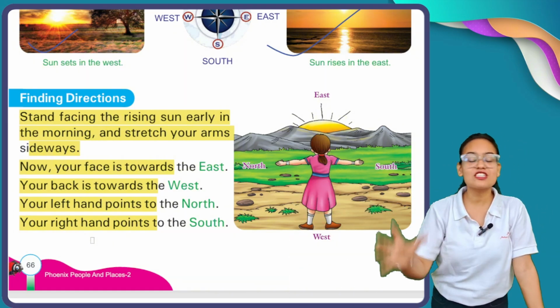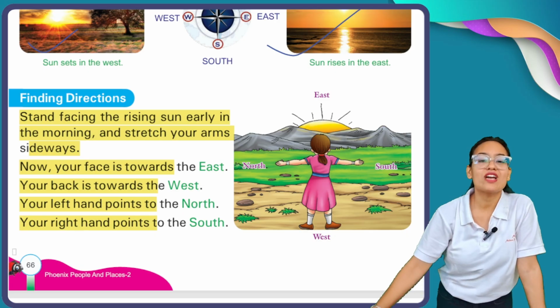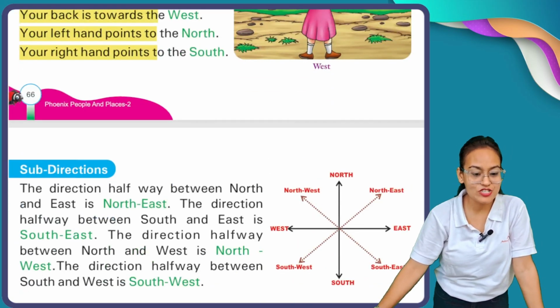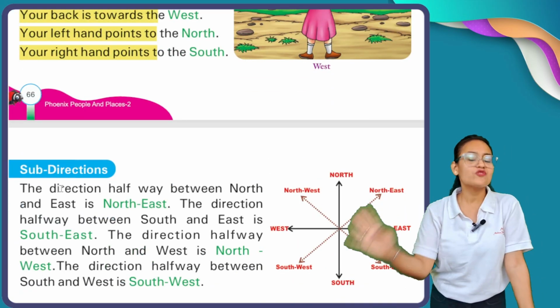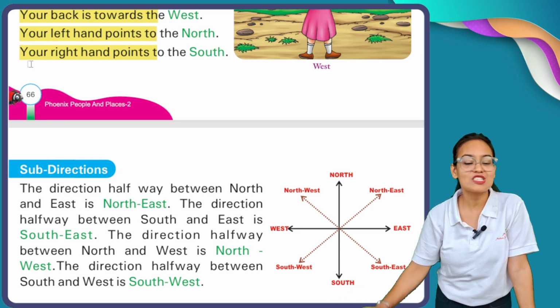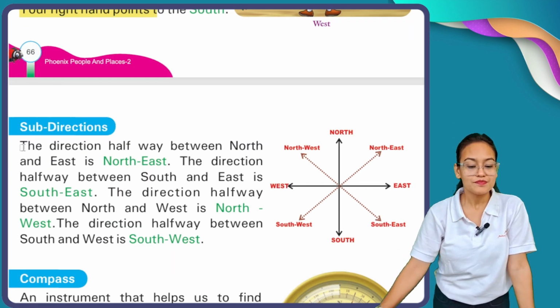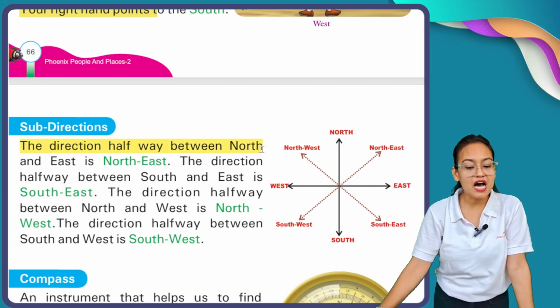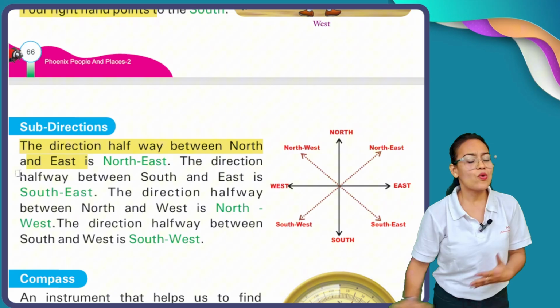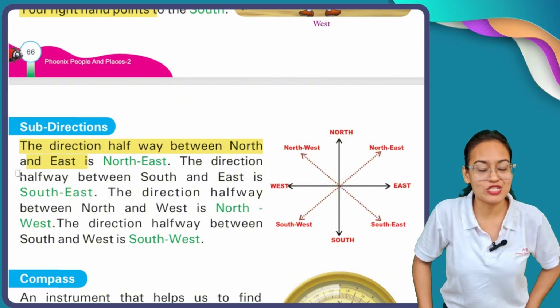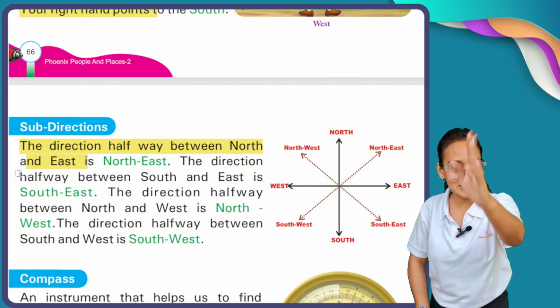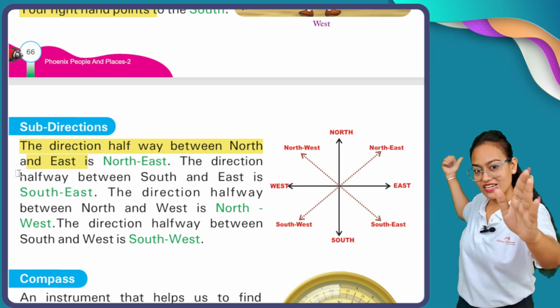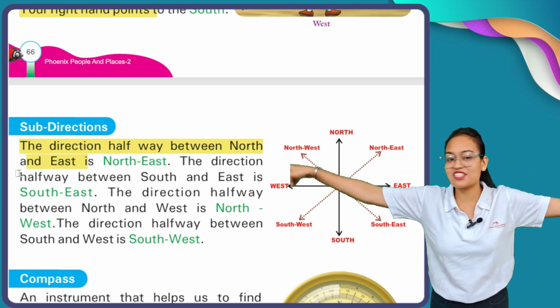So through this way you can find all your four directions. After these four main directions, there are many sub directions. Like what? The direction halfway between north and east is northeast. Now, how can you measure sub directions? See, this is east, this is west, this is north, this is south.